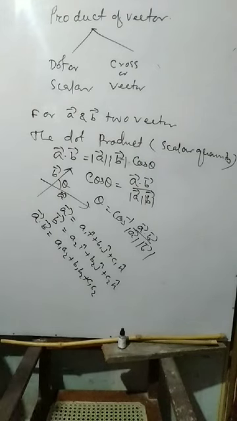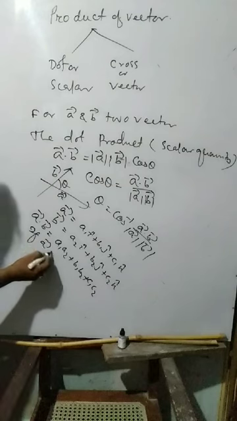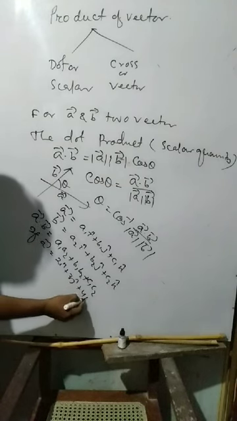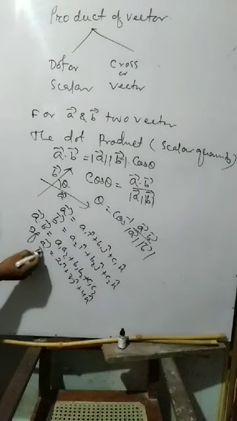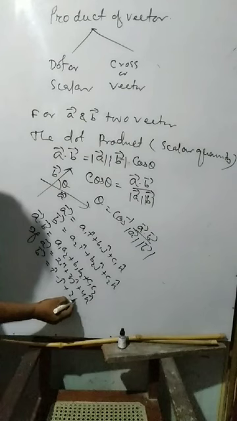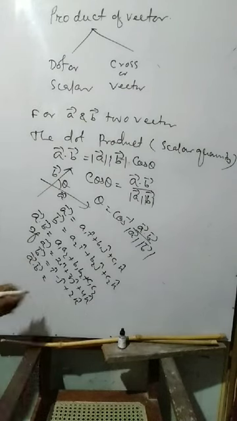Okay. So you look at now. If A vector equals 2 i cap plus 3 j cap plus 4 k cap is one of the vectors, and B vector equals i cap minus j cap plus 2 k cap, then what value of A dot B will you get?